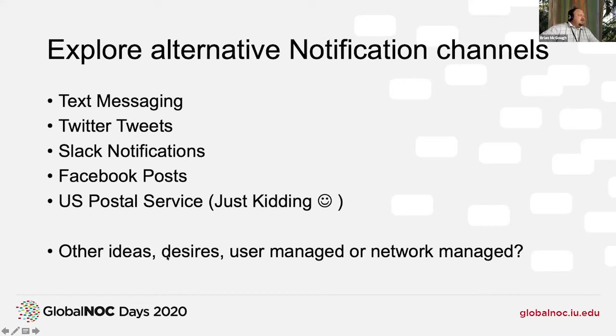So does anybody have any other ideas in terms of channels? Like, should we allow for the user to manage how they receive notifications, their preference? Should it be managed by the network, and there's just one way and the network decides?